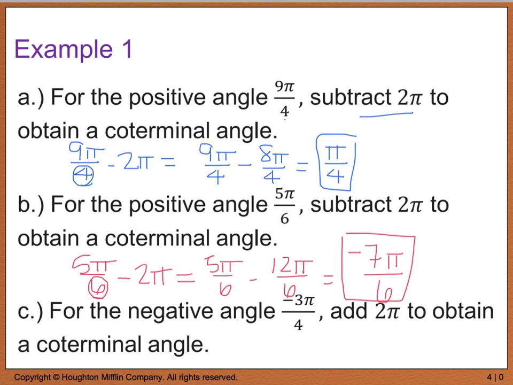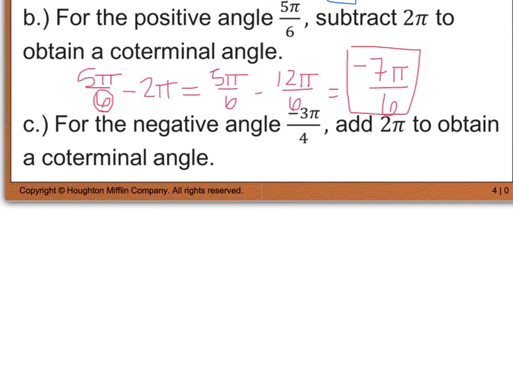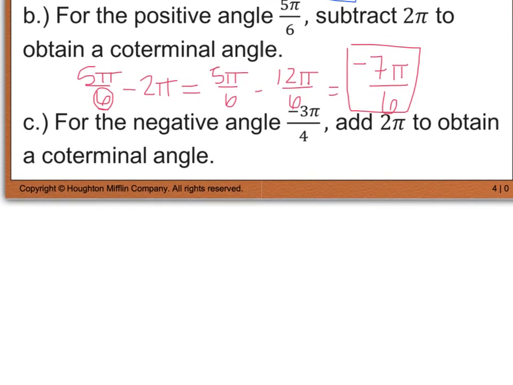And last but not least, for part C, it says for the negative angle, negative 3 pi over 4, we want to add 2 pi to find a coterminal angle. So I have negative 3 pi divided by 4 plus 2 pi.